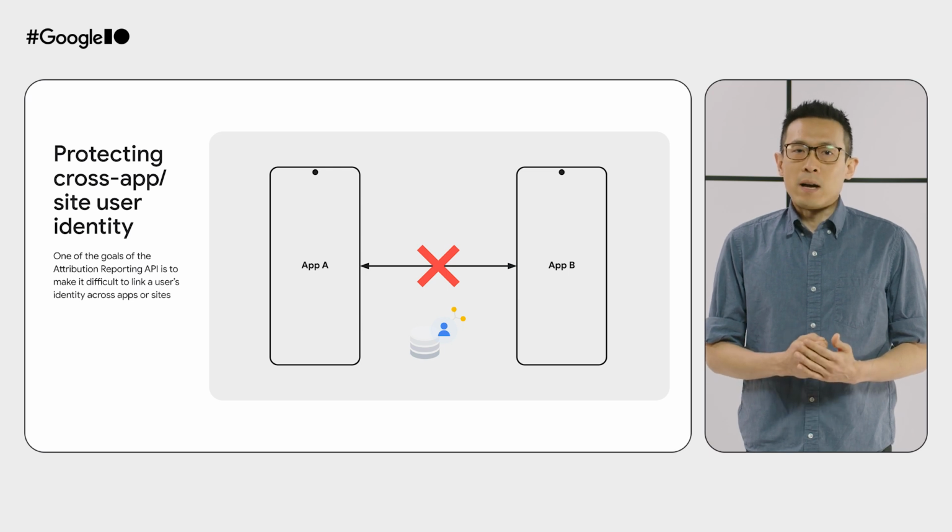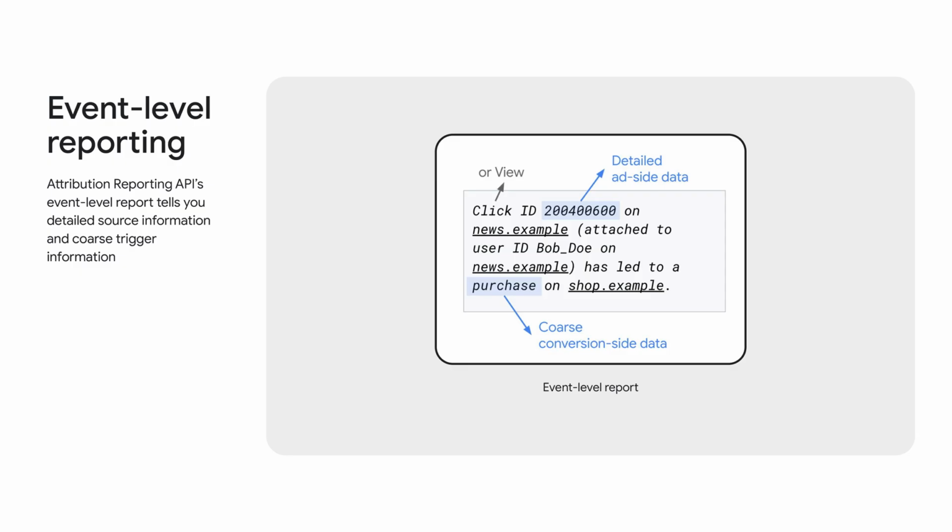We always think about what net new information is provided by the Attribution Reporting API and how we can limit this so that enough information is provided by the API for it to be useful while making it difficult to link user identities. Let's take a look at Attribution Reporting API's event-level reports.